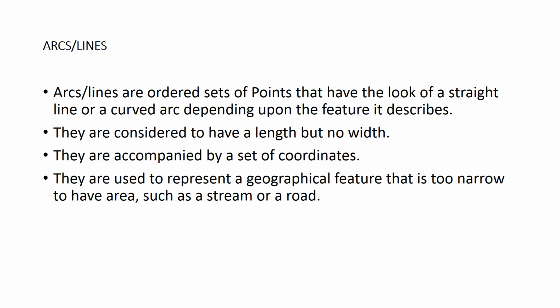For example, a road will normally curve, rivers will normally curve, but because of the height from where the photograph was taken, you will see a river or the road as just a small line. So we use lines to describe certain things.